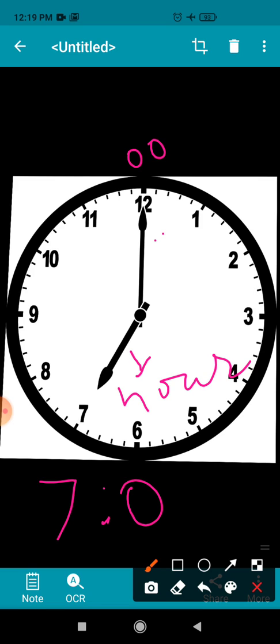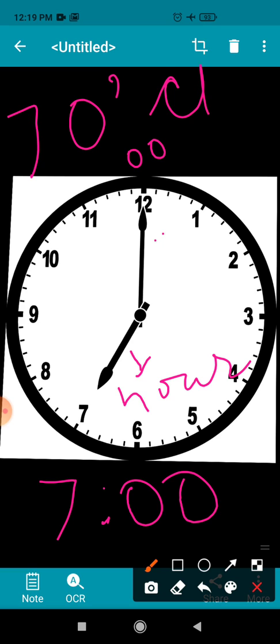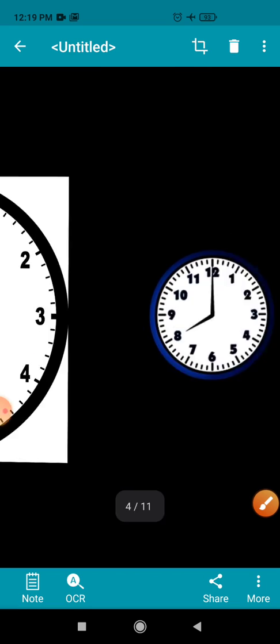So we will write it as 7:00, and how can we read it? 7 o'clock. Now let us take one more example. Here the short hand is on 8.